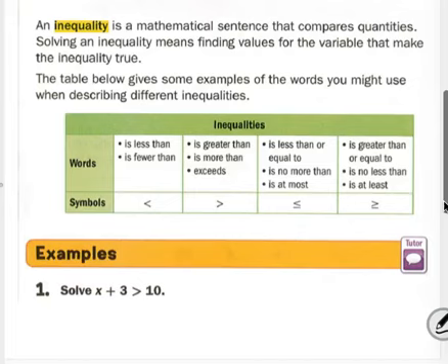For example, if you say it's less than 5, 5 is not a number that makes it true. Now, if we have is less than or equal to, is no more than, or is at most, that's a less than or equal to statement. And then is greater than or equal to, is no less than, or is at least, that would be a greater than or equal to statement.